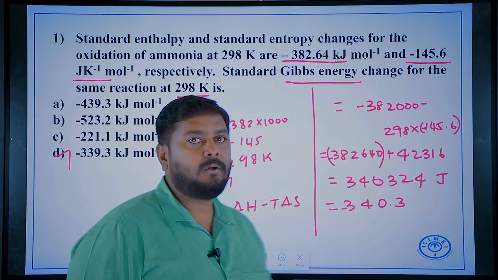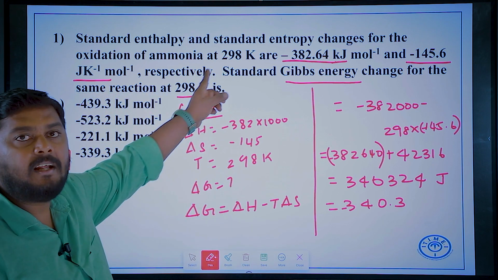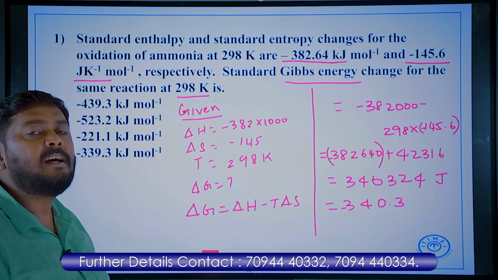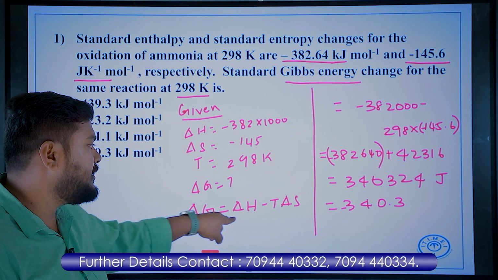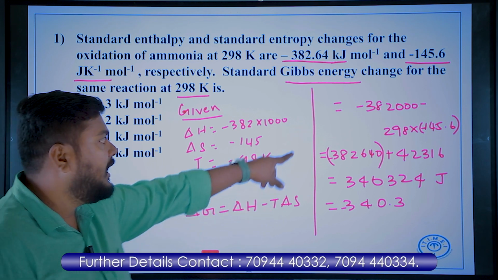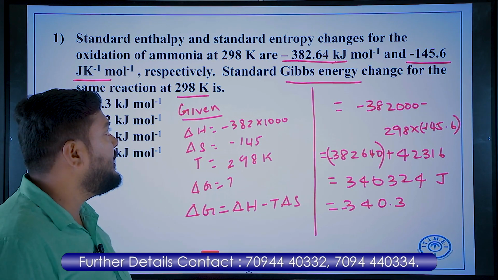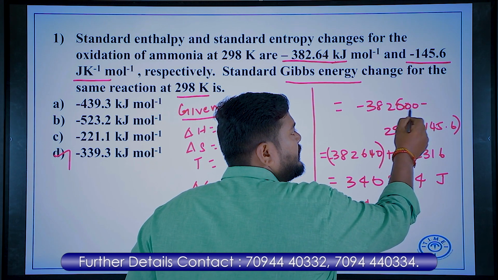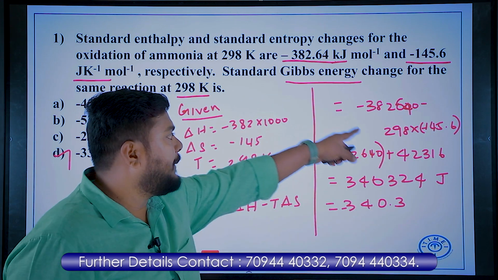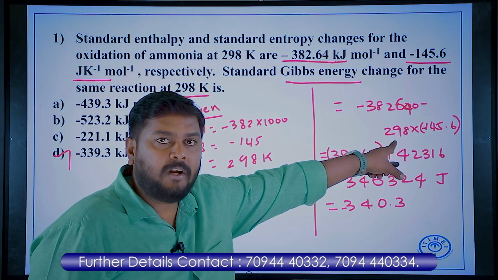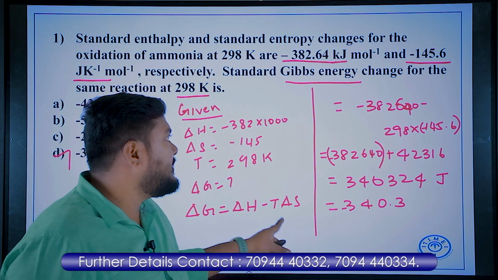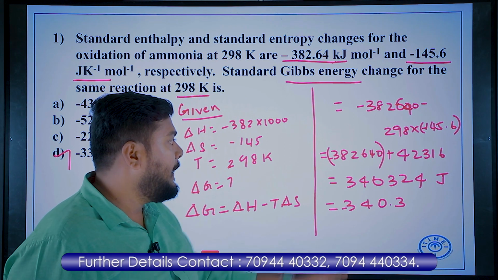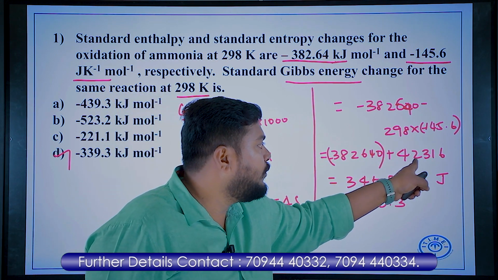So in the question, what have they given? You are provided with del H and del S, and temperature is also given. You are asked to find del G, right? So del G is equal to del H minus T del S, and del H value will be 382,640, right? 382,640 minus temperature, T is your temperature 298 Kelvin, and here del S, change in entropy, is given as minus 145, I have put it as it is. So if you multiply these two, you will get 42316.